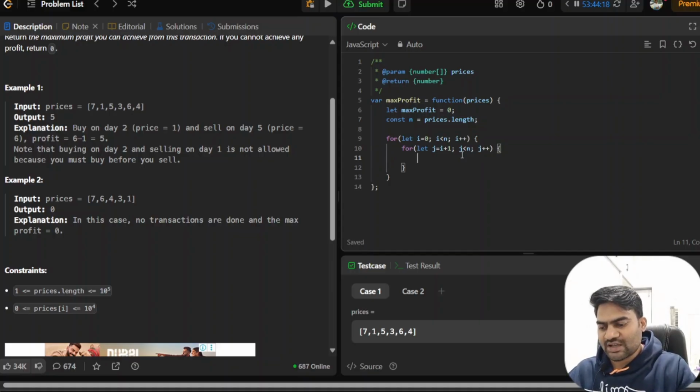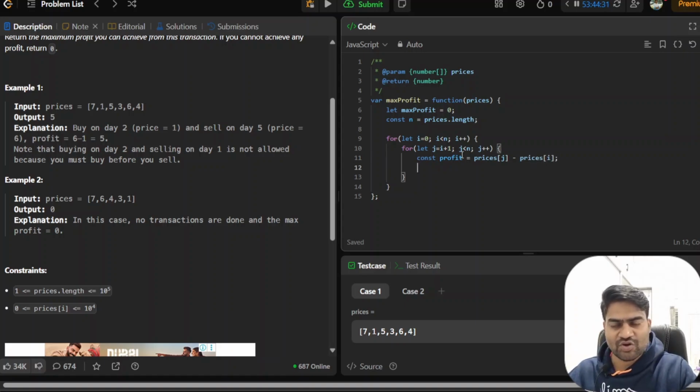Now what will I do? I will take a constant variable profit. Then I will see prices of j minus prices of i. This will give us the current profit.